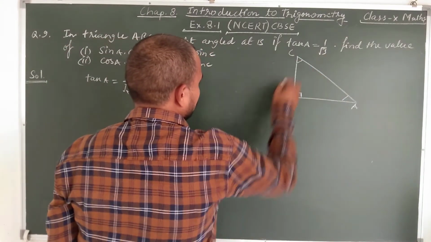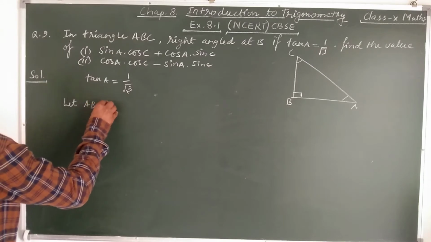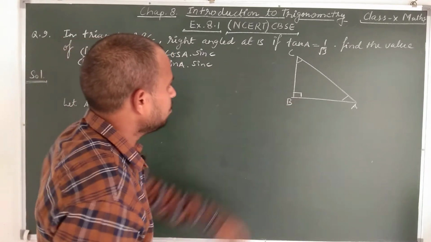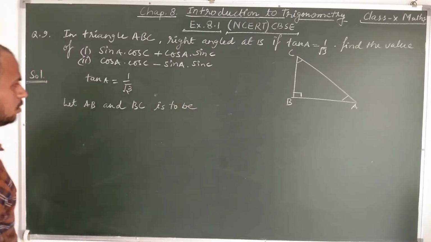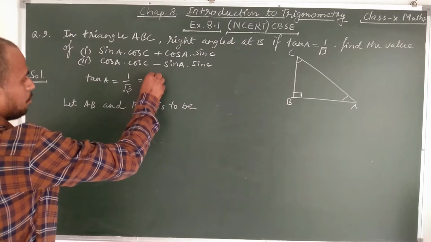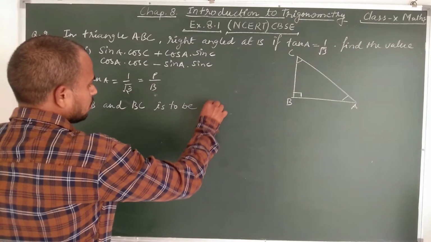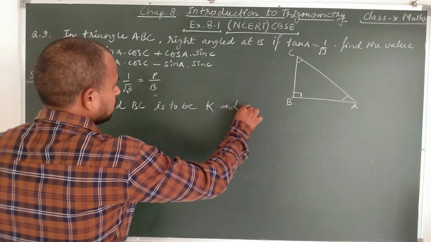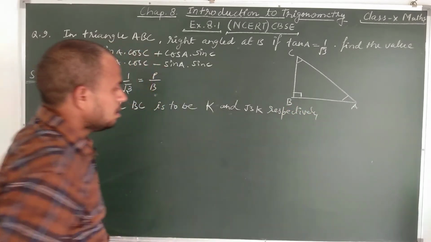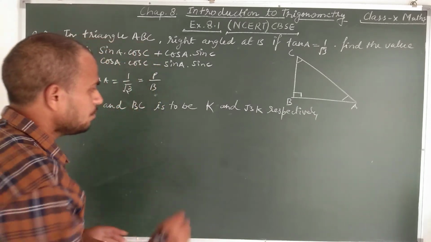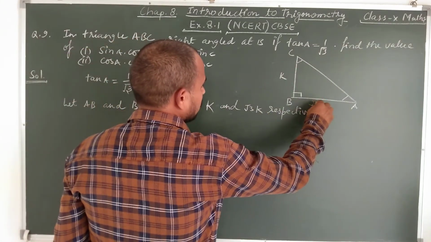This is A and this is C. Let AB and BC be, since tan A is perpendicular upon base, 1 is the perpendicular, so we can say k and root 3k respectively, where k is the ratio coefficient. So this is k and this is root 3k.